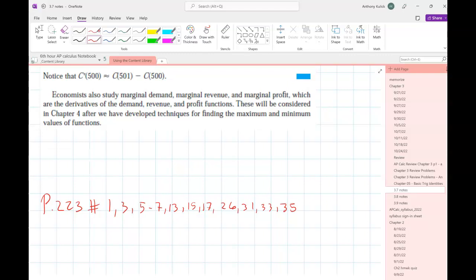Not from a calculus standpoint, the calculus parts usually aren't bad. It's the setup part that's the hard part in 3.9. The topic is related rates.